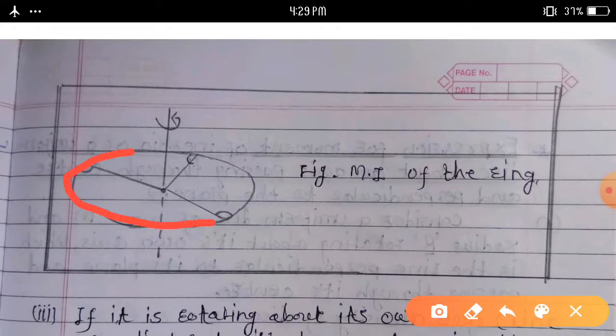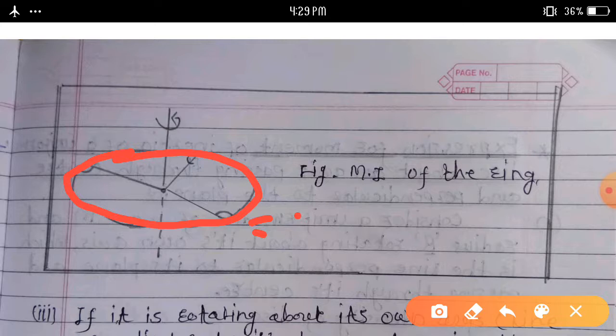An object is called a uniform ring if its mass is situated uniformly on the circumference of a circle. It is a two-dimensional object of negligible thickness.